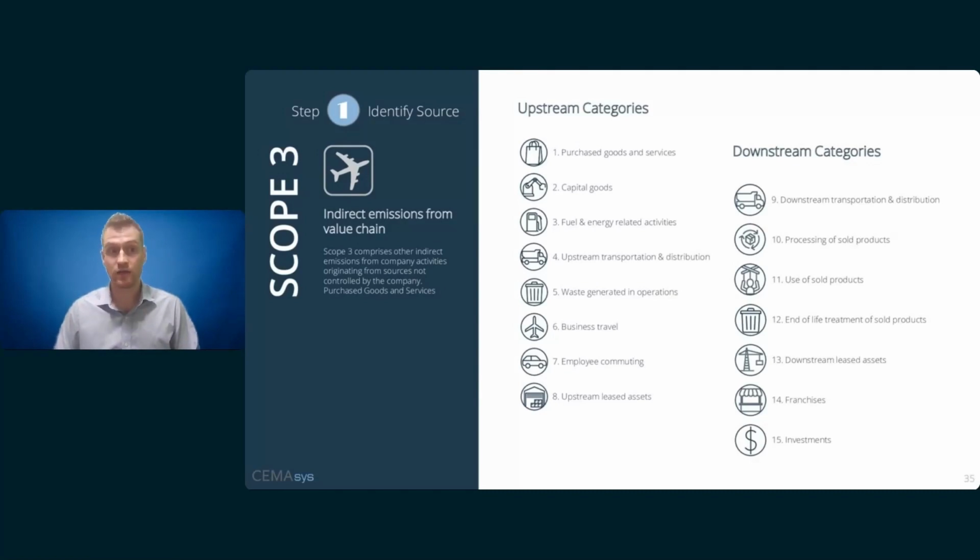Similarly, Category 3, fuel and energy-related activities, takes your same consumption data from Scopes 1 and 2 and uses different emission factors to calculate the upstream emissions to generate that fuel for direct use and energy generation.